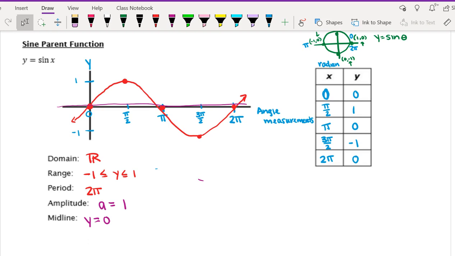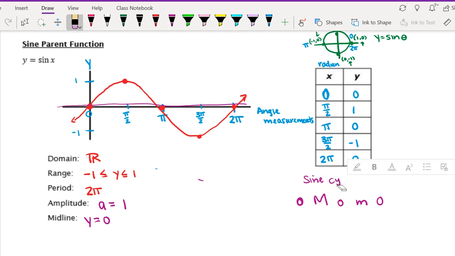One thing that we can maybe use as a trick, sine always starts at the origin. So origin, then it goes to a maximum, then it goes back to the origin, then it goes to a minimum, and then it goes back to the origin. This is the cycle of sine. Sine cycle.